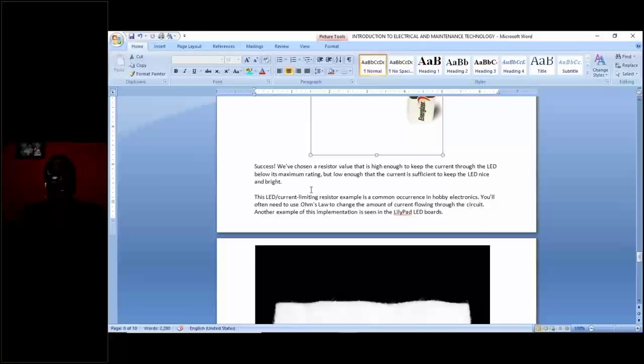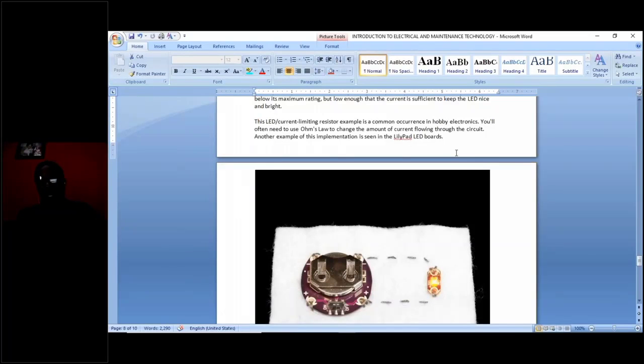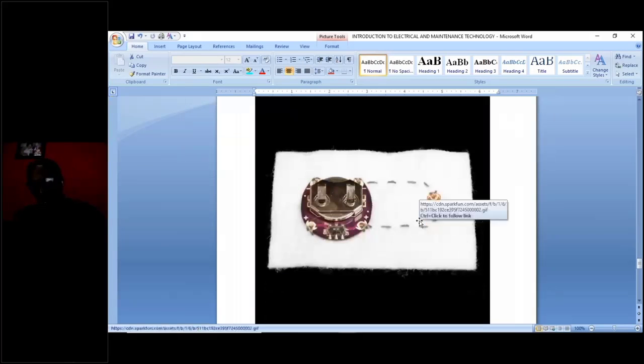So this current limiting resistor example is a common occurrence in your normal electronics. So you often need to use Ohm's law to change the amount of current flowing through the circuit. Another example is seen in this LilyPad LED board.